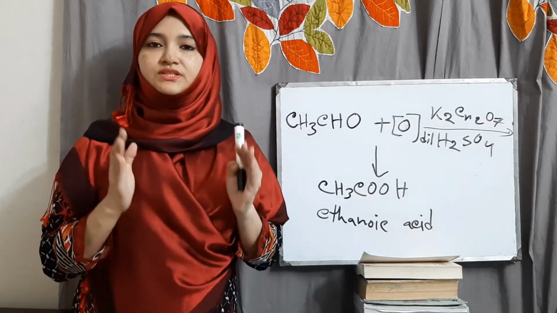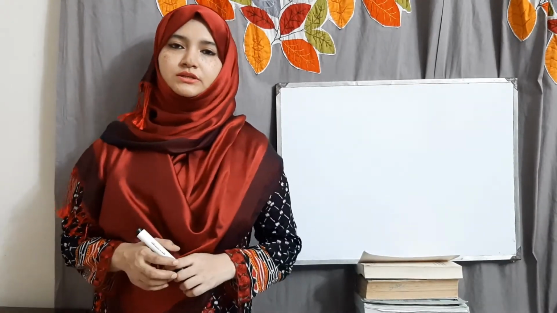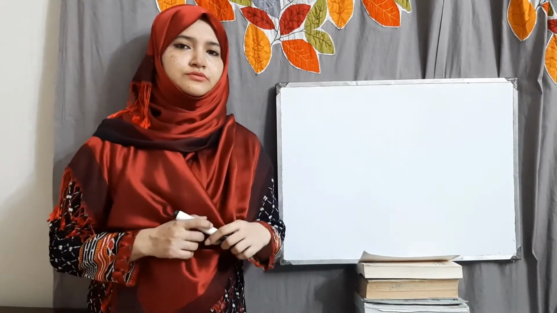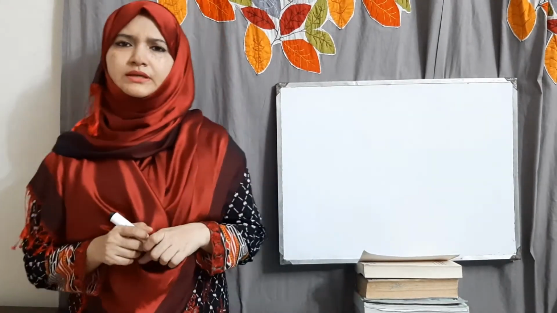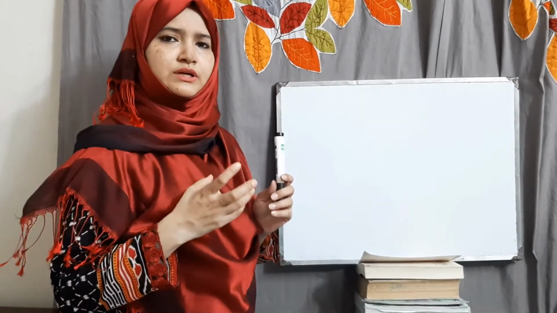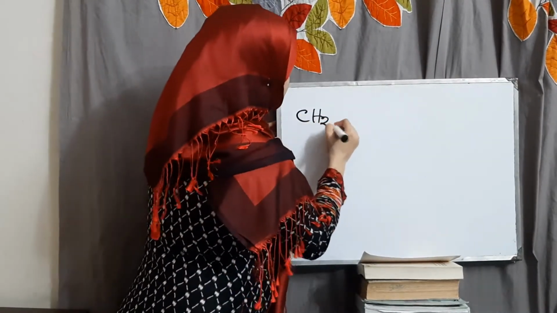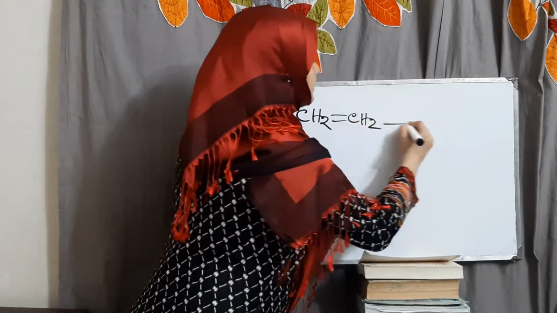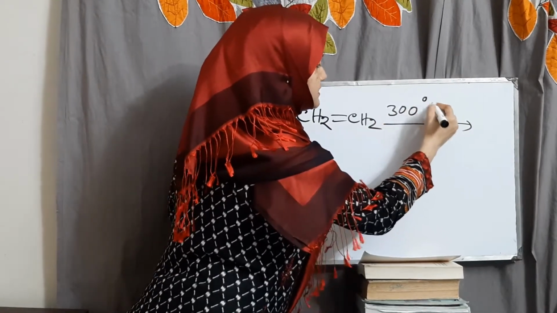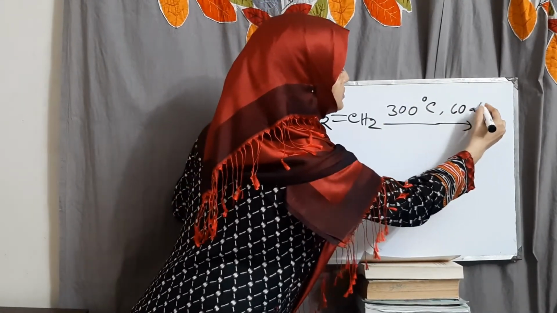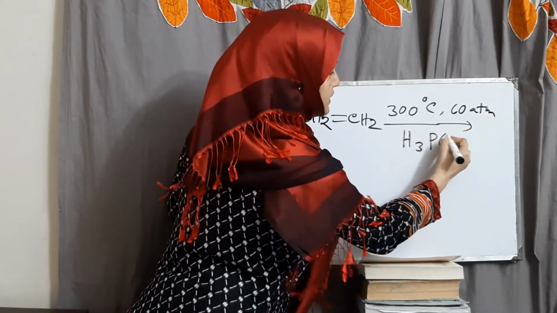I think it is properly clear to you. Another alternative reaction can be used for converting alkene into alcohol directly. In that case, we have to apply a special condition and reagent. This is alkene, and we apply high temperature, 300 degrees centigrade, and 60 atm pressure, and use a catalyst which is phosphoric acid.